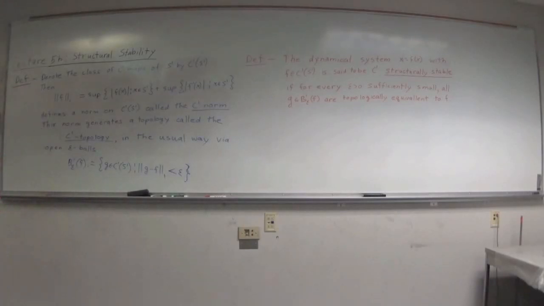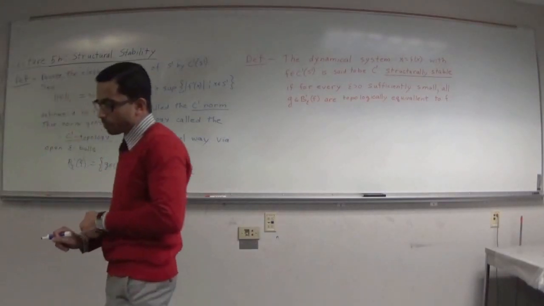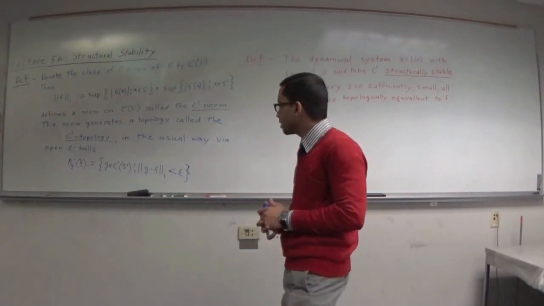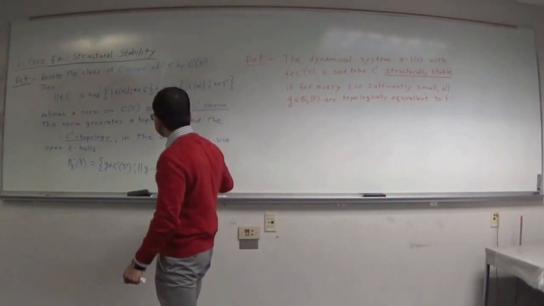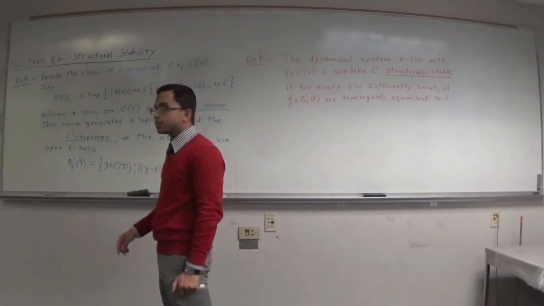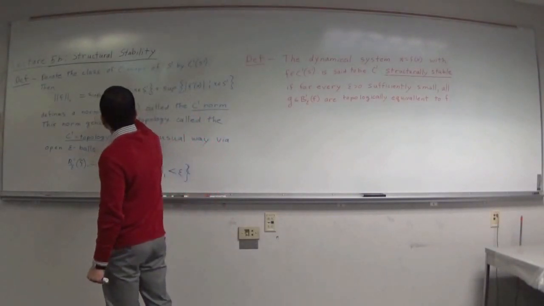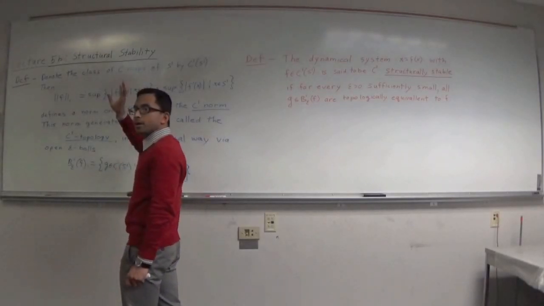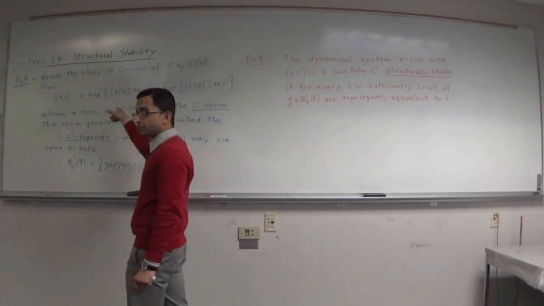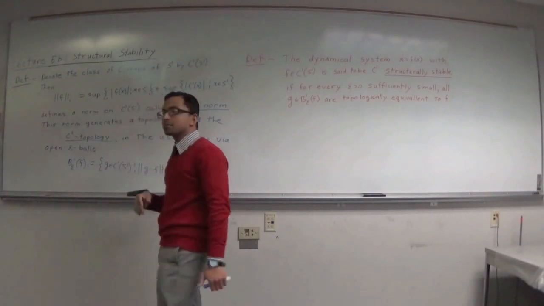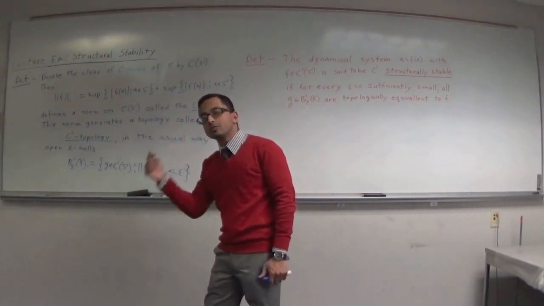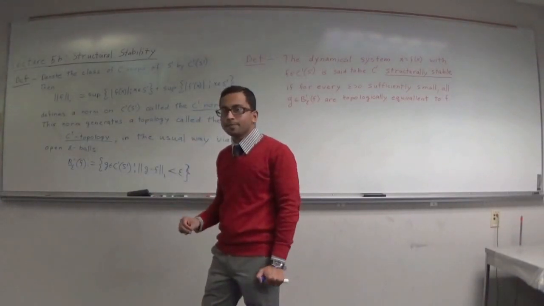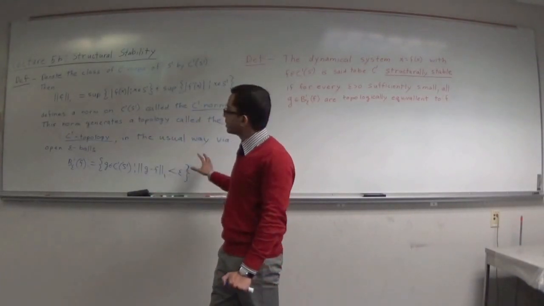So that's how we're going to define this. So basically what this means is that all of g, such that the supremum of the absolute value of the difference between g and f, plus the supremum of the absolute value of the difference between the derivatives of g and f, that will be less than epsilon. So that's how this is going to be defined.